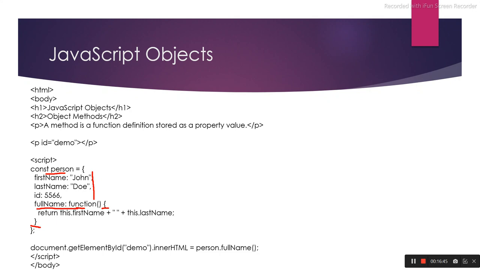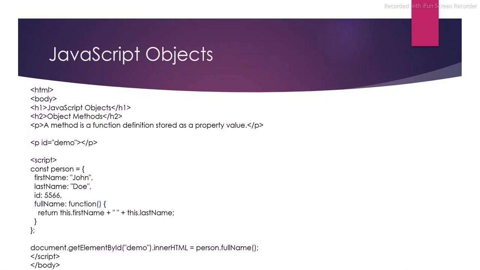Now how do I access this object? The object name is given as person. Normally, how do you do it in OOPS languages like C++ or Java? The same way you can do it here. I am trying to call this function, the function name is full name, which is available inside the object called person.